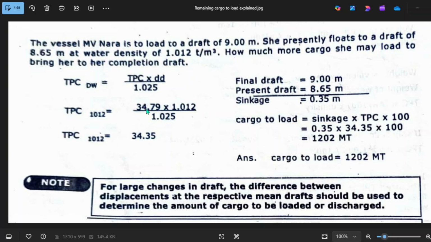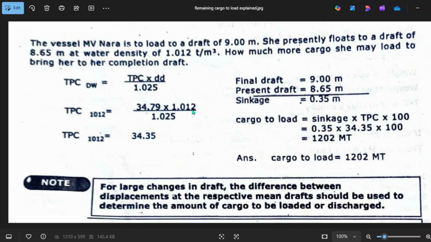Okay. When you transpose this 1.012 to salt water of 1.025, the tendency of the vessel to rise up, to float. That's why you have less TPC here, because this is already salt water.